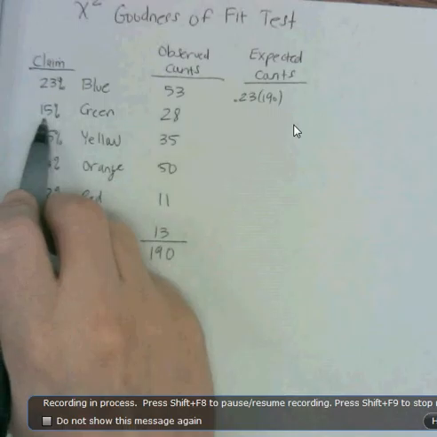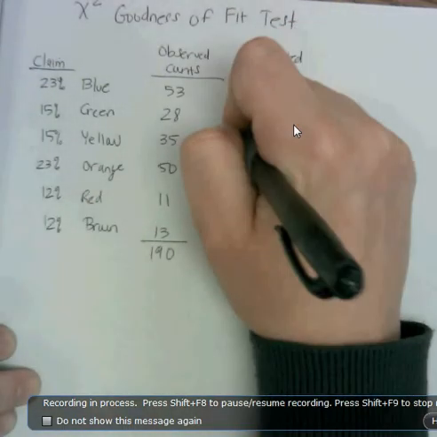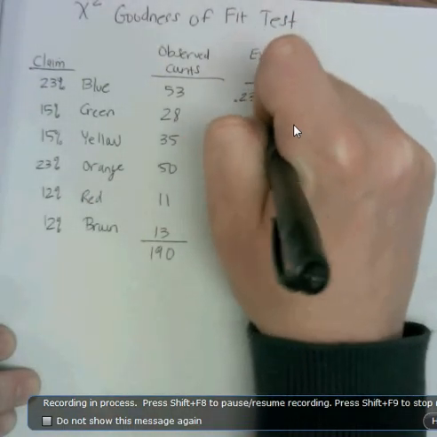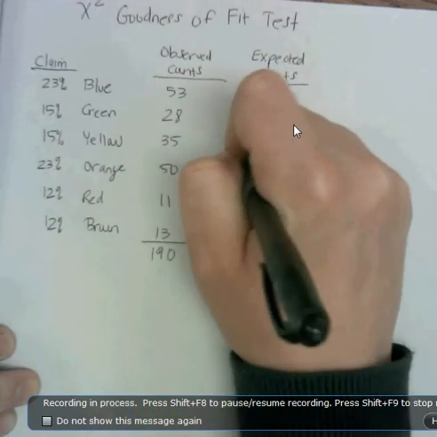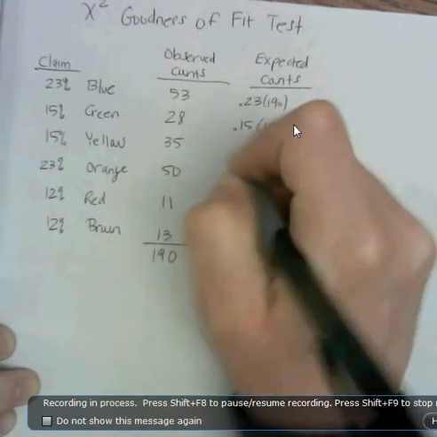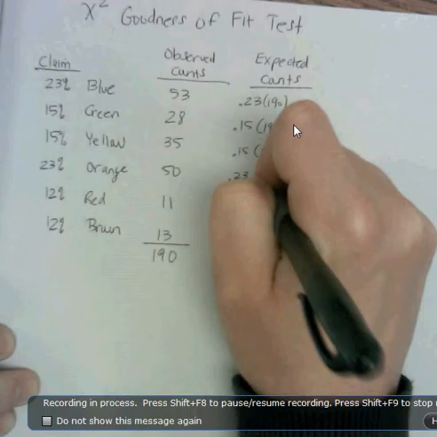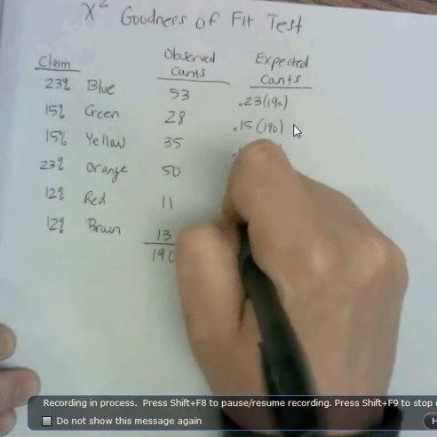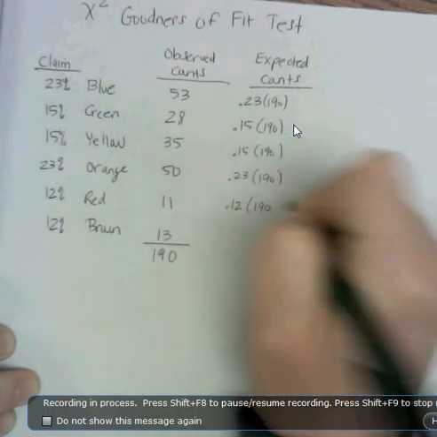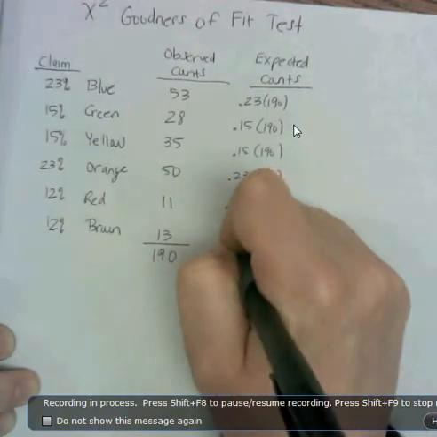If we expect 15% to be green, we're going to take 0.15 times 190. So I'm taking each of these percents and multiplying it by 190.